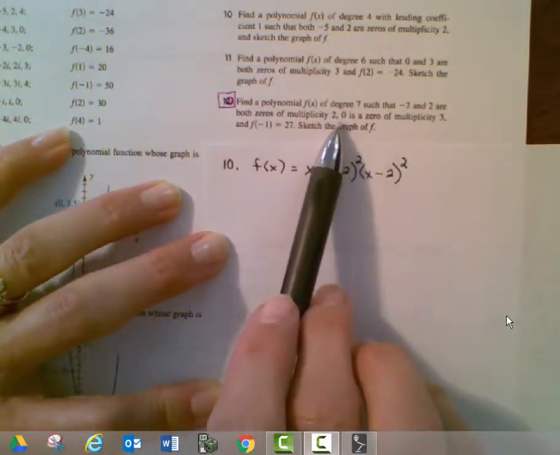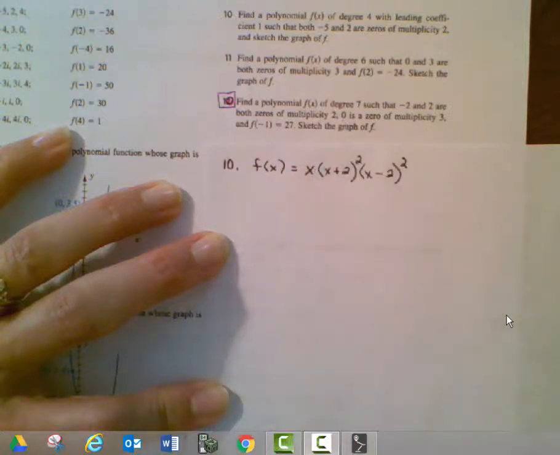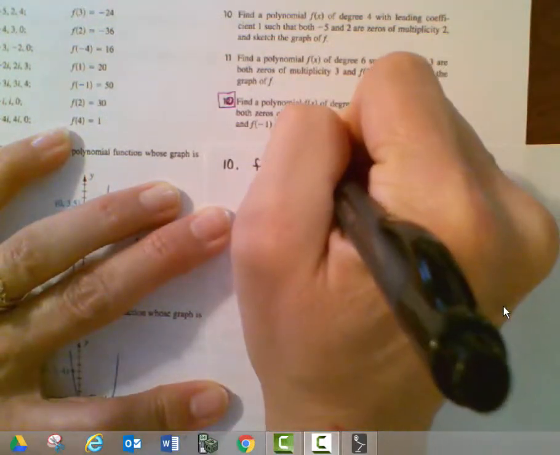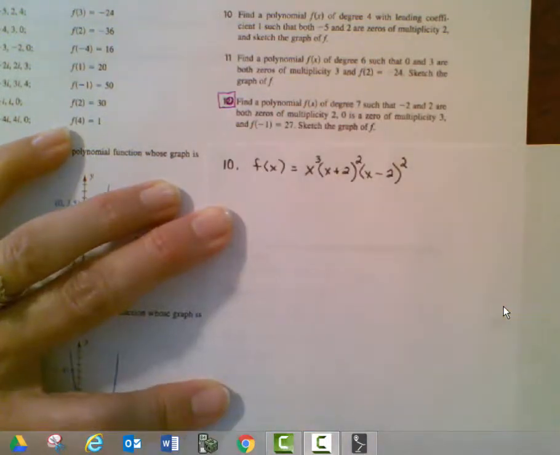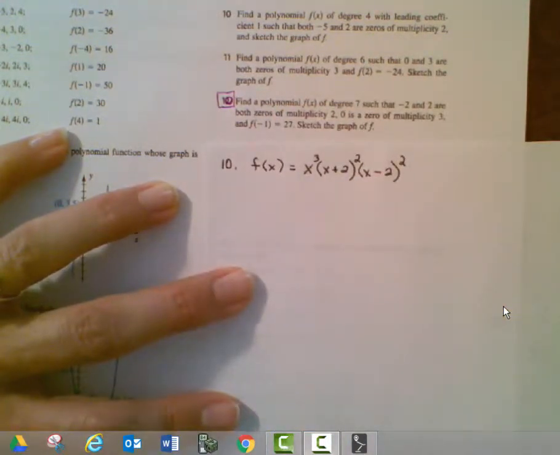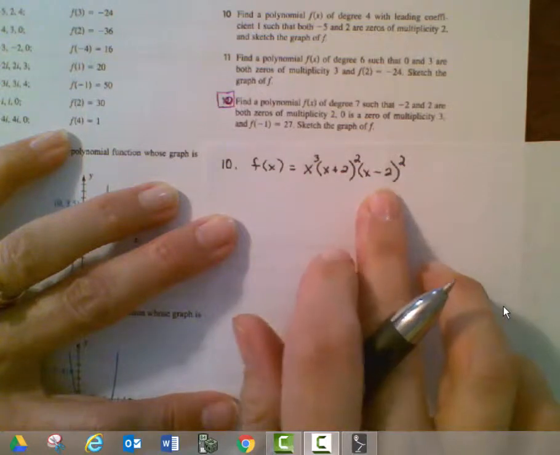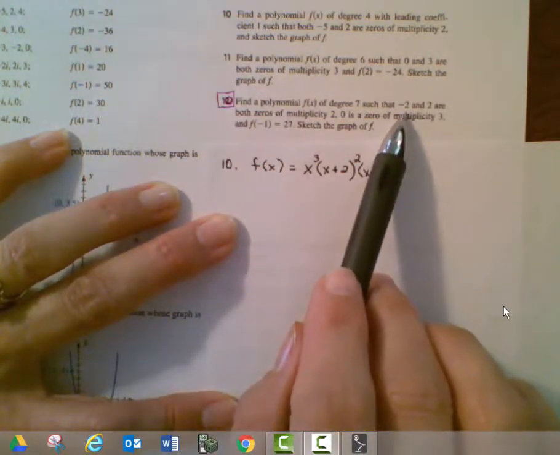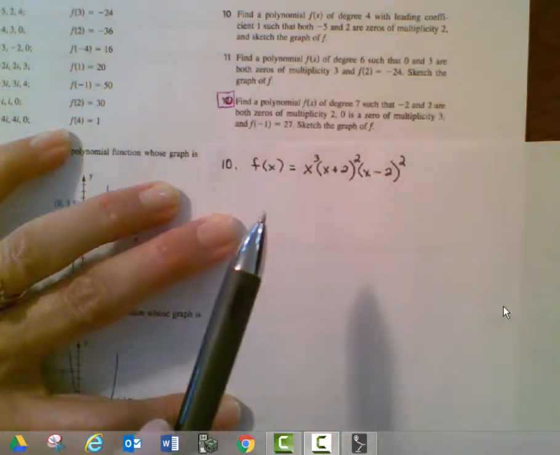How would I satisfy 0 is a zero of multiplicity 3? That just means the exponent of my factor x needs to be 3. Now I have a seventh degree polynomial with the given zeros and the given multiplicities.